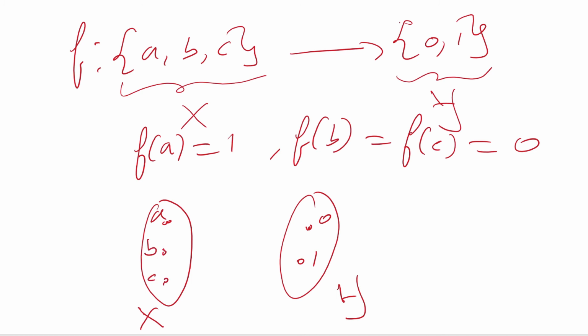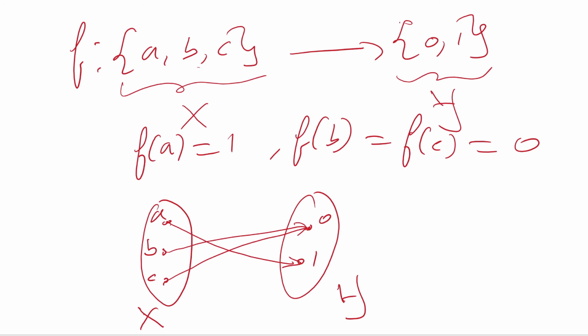So what you can see here is that f of a is 1, so this maps to 1, and f of b equals f of c, so they all map to the same element here. So again, this is a function because every element in x, we have a, b, and c, maps to one element in y.